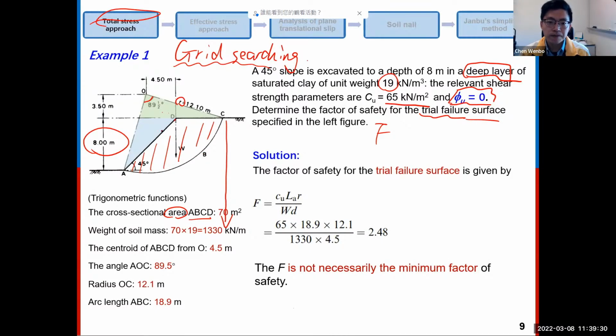And we will assume that the ABC actually is a curve from one circle, right? The radius R here, OC is equal to OA, also equal to OB, right? So if we know the angle AOC is 89.5 degrees, we can calculate the area of OABC, because this is one part of the circle, right?